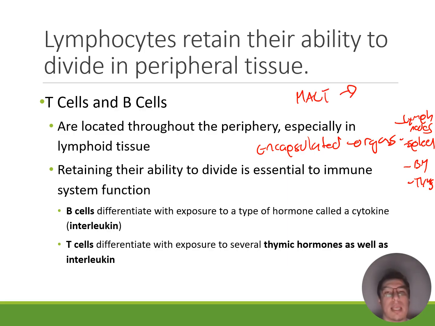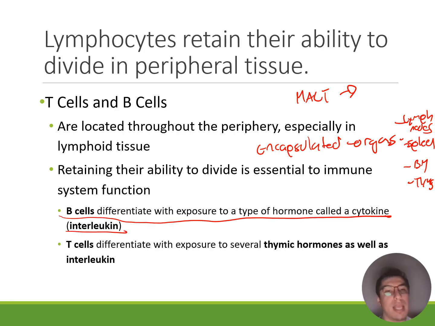All right. Now, these other types of cells, such as B cells and T cells, can be in the periphery, and they can divide. They can divide because once they become activated, you need to create a large population of that activated cell to create an immune response. B cells differentiate with exposure of a hormone called interleukin.